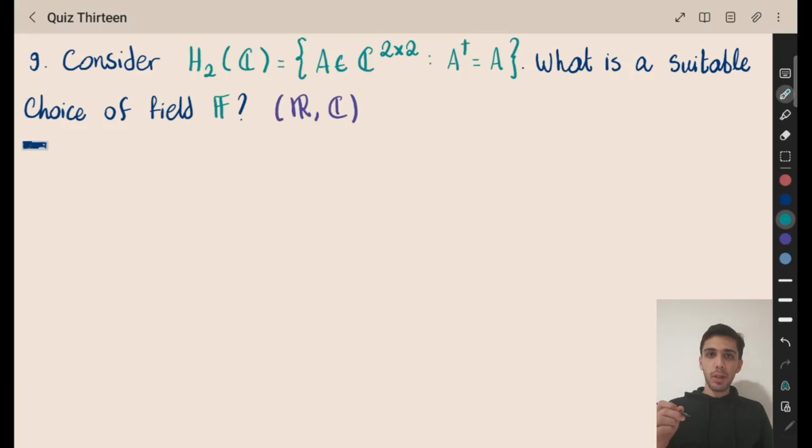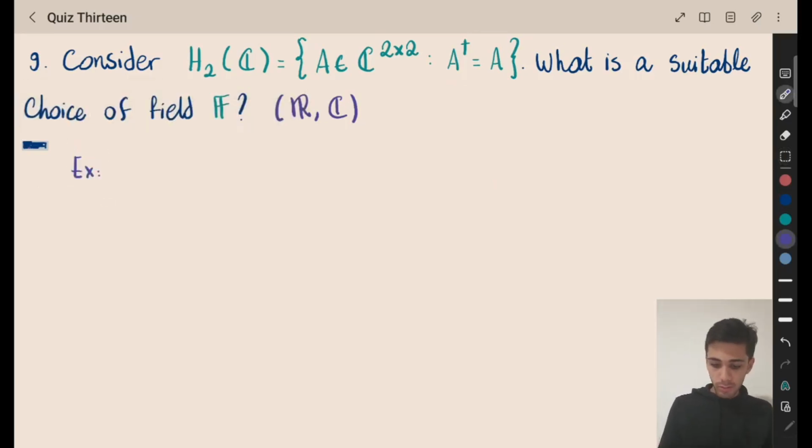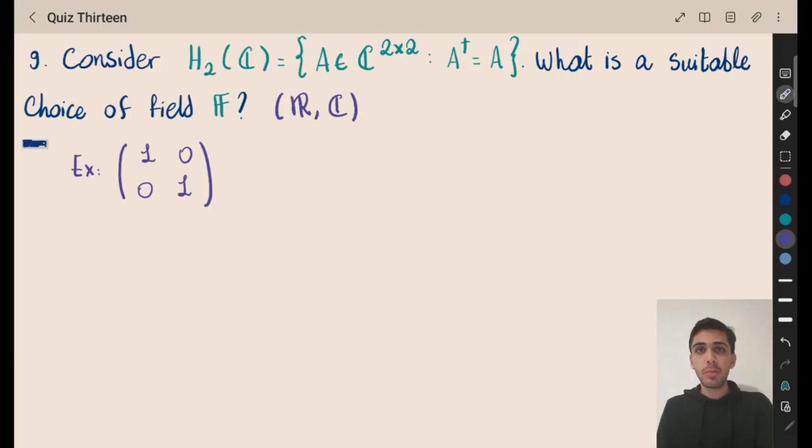Remember, and this is something I always tell you, before you do anything with the vector space, familiarize yourself with it. Let's take an example of a complex matrix. For example, 0, 0, 1, 1 is a complex matrix.